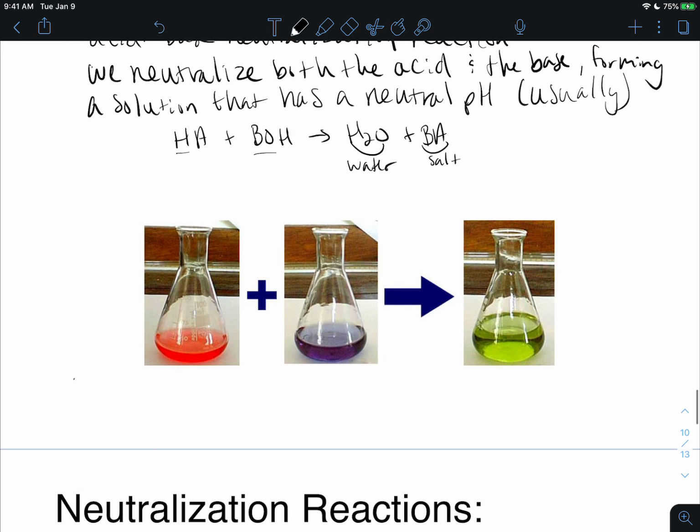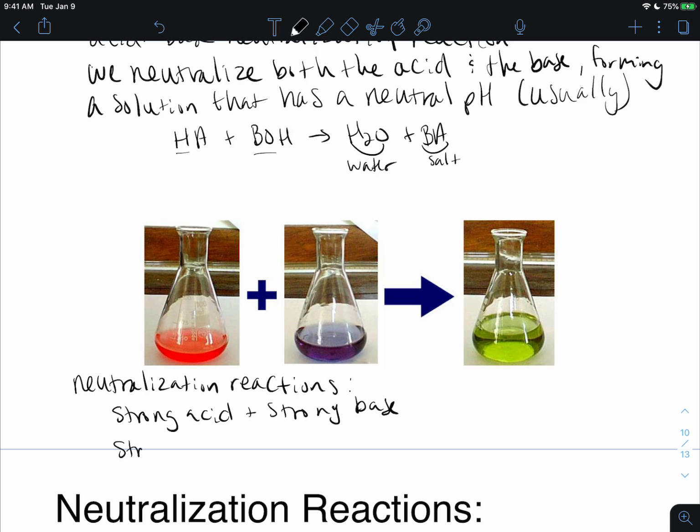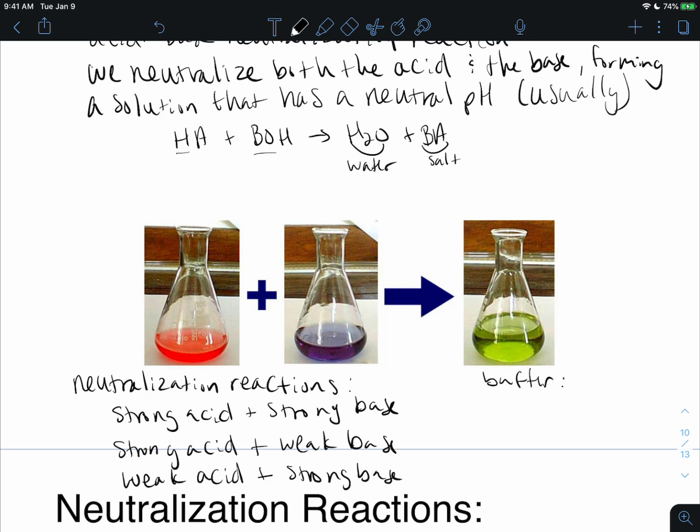So neutralization reactions can be strong acid plus strong base, strong acid plus weak base, weak acid plus strong base, and then a buffer is a weak acid plus weak base, and this is if they share an ion.